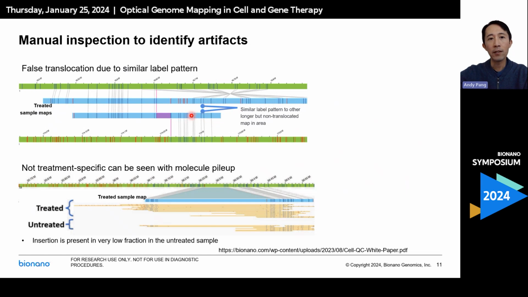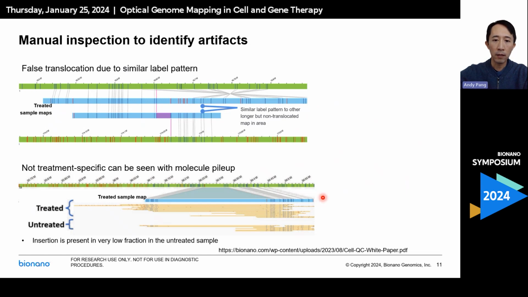Examining the label patterns, you can see that this fragment has the same label pattern and is essentially just a subfragment of the top map. So we would say that this translocation is an artifact due to misalignment to the bottom chromosome. The whole thing should have just been represented by the top map with additional labels. So no translocation in this case.